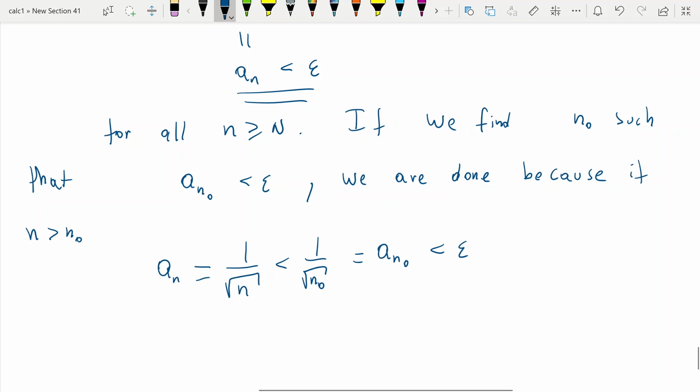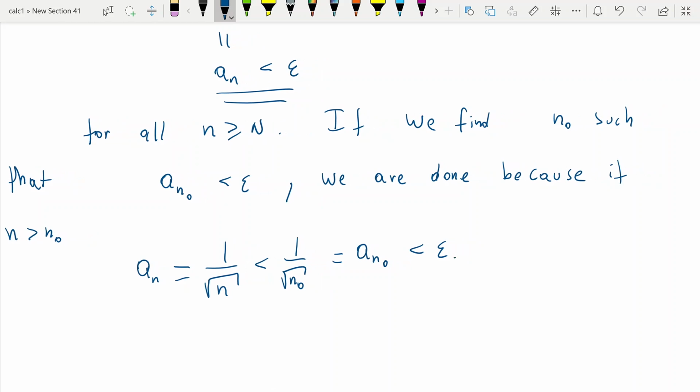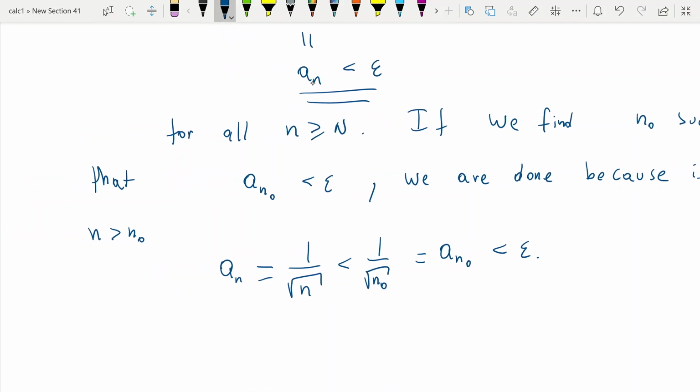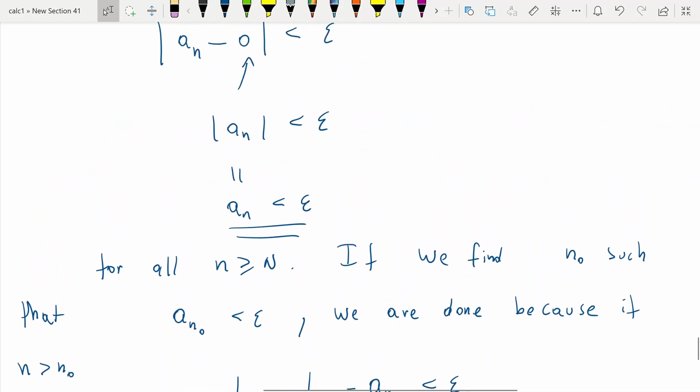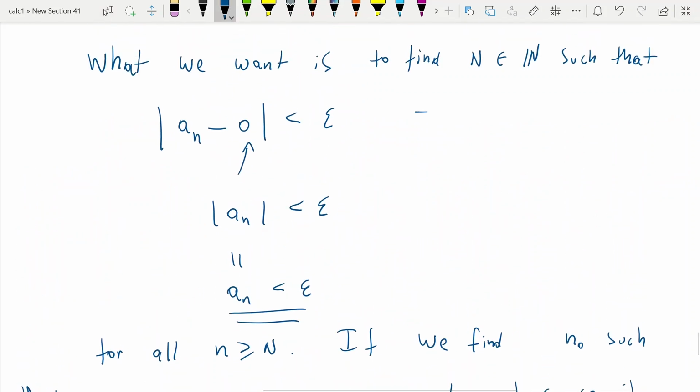Just by finding one n0 such that a sub n0 is less than epsilon, we'll get for free that all the other subsequent a sub n's are going to be less than epsilon. But being less than epsilon is equivalent to the statement about convergence. So this is the whole point.